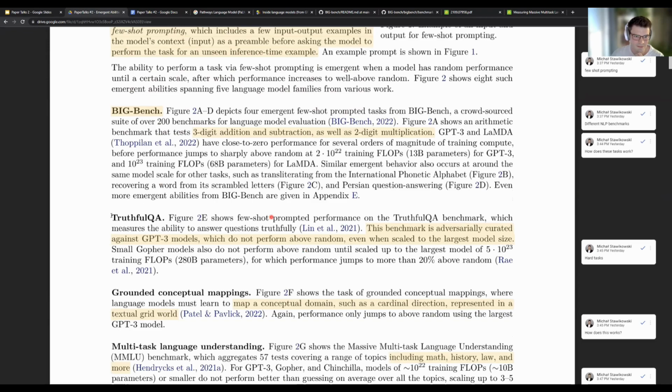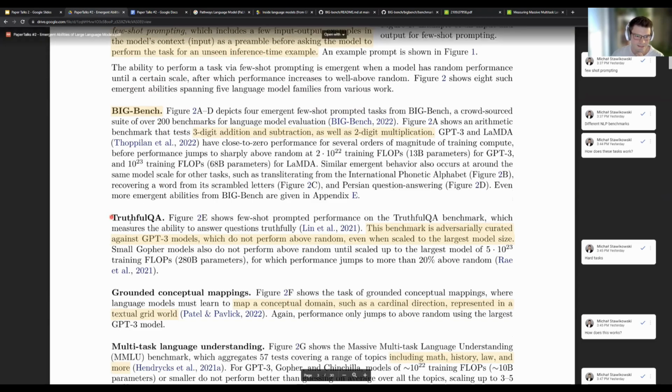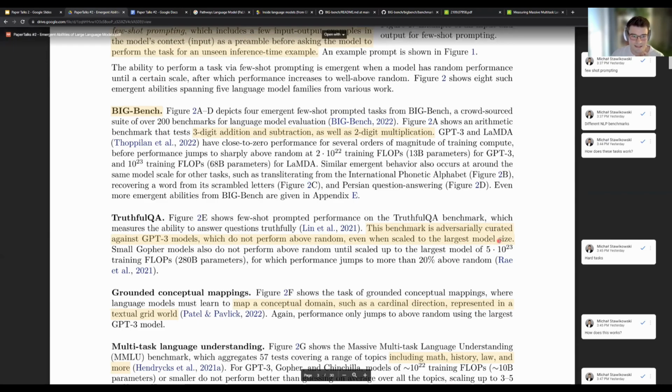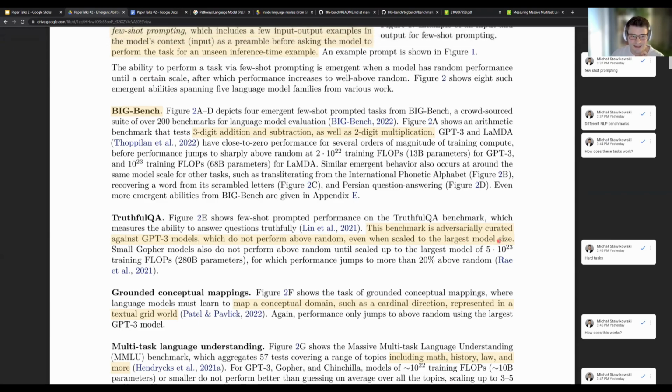But maybe here is one more interesting, this truthful question answering. This is a benchmark which is adversarially curated against GPT-3 models. So this is interesting, which do not perform above random even when scaled to the largest size. This is actually the benchmark that is checking if the model answered the question truthfully.